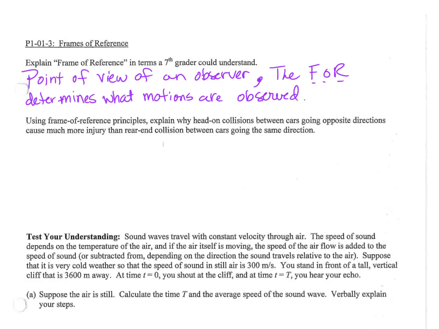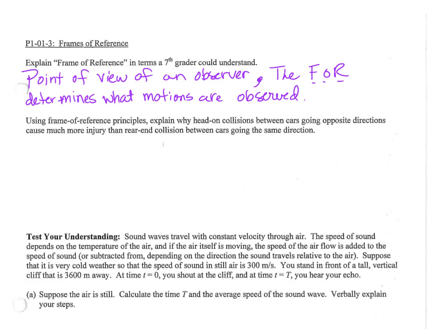What does it look like to the person standing outside watching you drive by? What does it look like if you're standing on a railroad car and the train is going by and you toss a ball up from your hand? What does it look like to you? Where does it land? What does it look like to a person outside looking in?